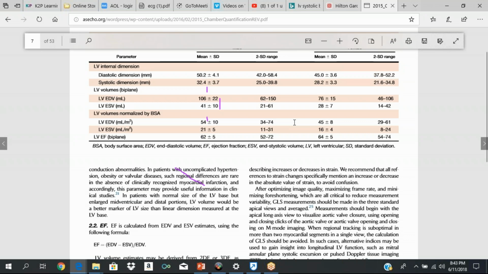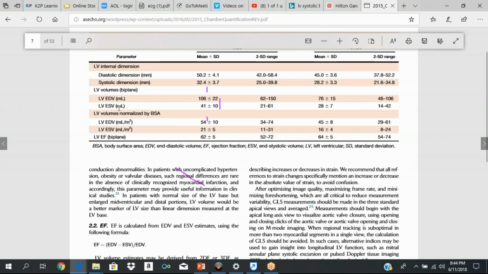But the absolute value ranges from about 62 to 150 mLs for males, and for females about 46 to 106. And then for the left ventricle end systolic volume, it's for males 21 to 61. These are mLs. And for females, a bit smaller, 14 to 42.